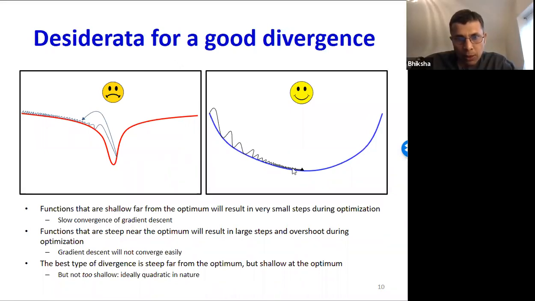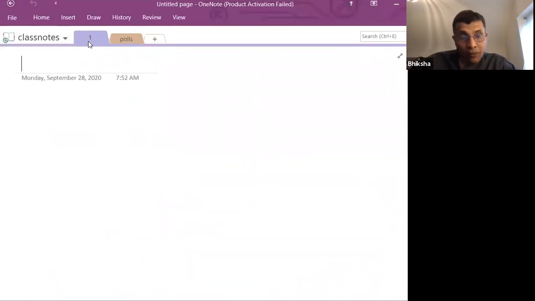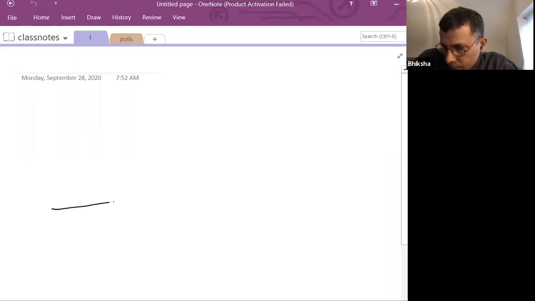Now, can anybody think of situations where even the additional requirements that we have, in addition to a shape like this, matter? For example, if I were to compare a quadratic and a fourth power, both of them have a bowl shape.